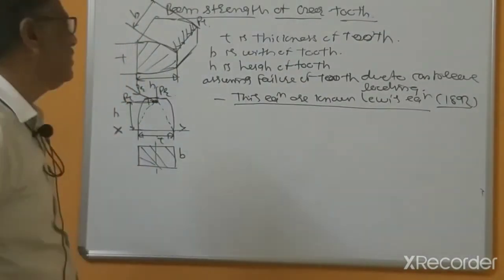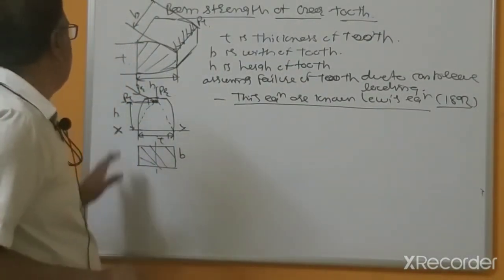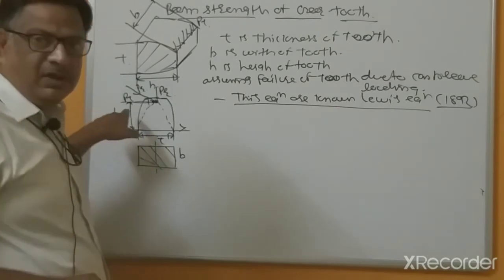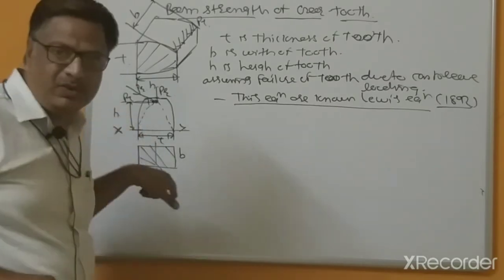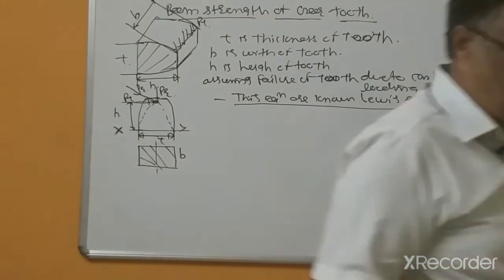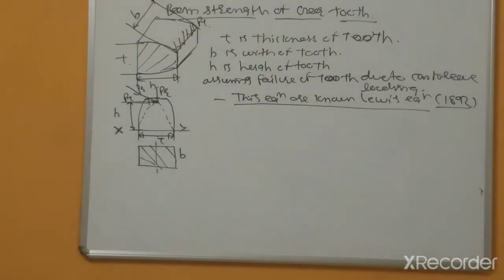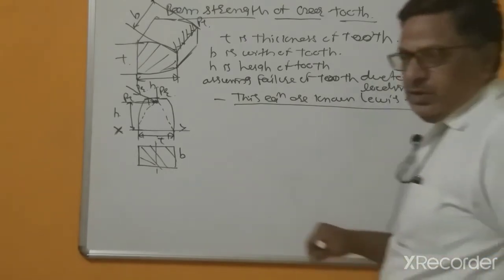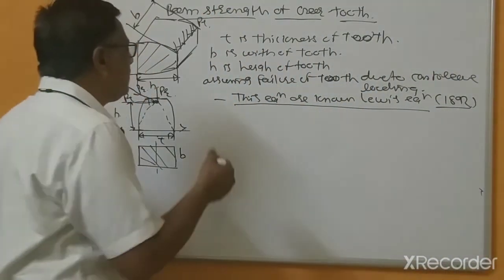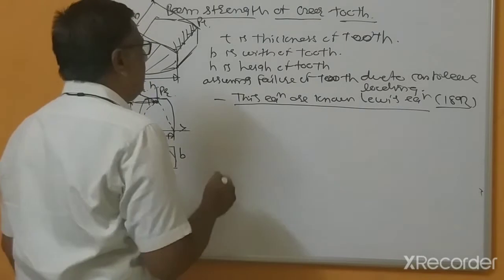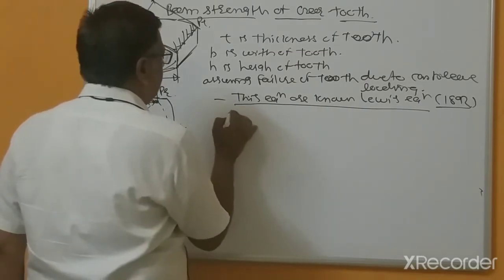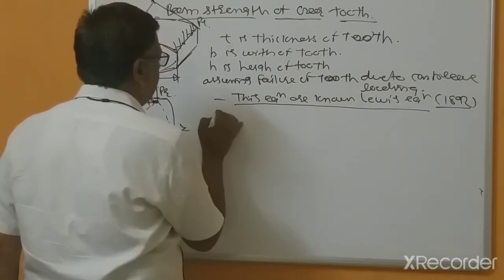These equations are known as Lewis equations. I think in 1892 this was derived, and it is still applicable. Now, by assuming the failure of the tooth as a cantilever, we consider the beam or bending stress.